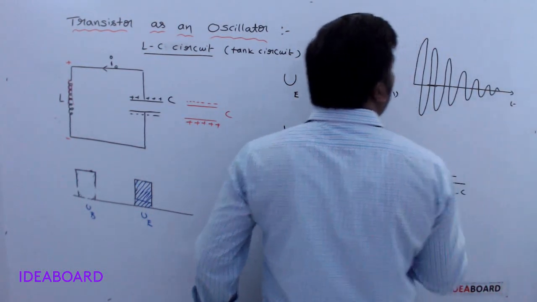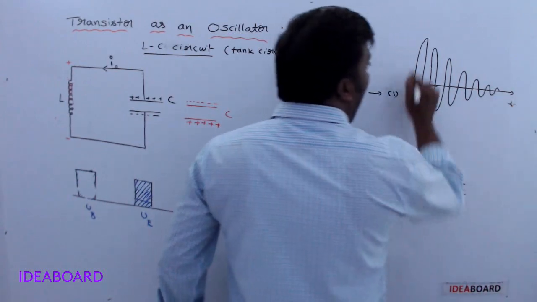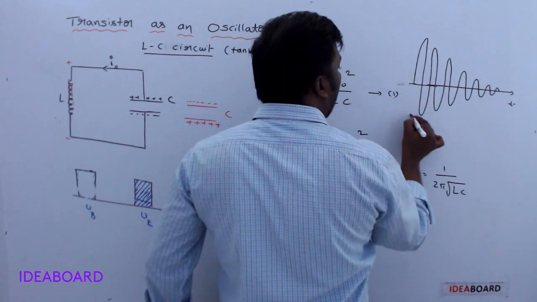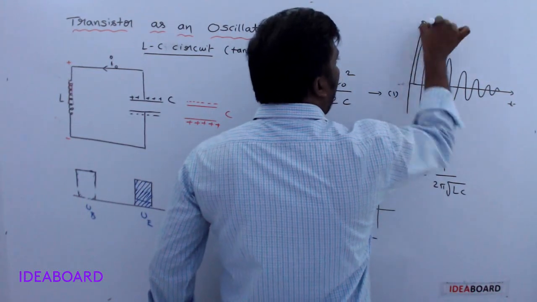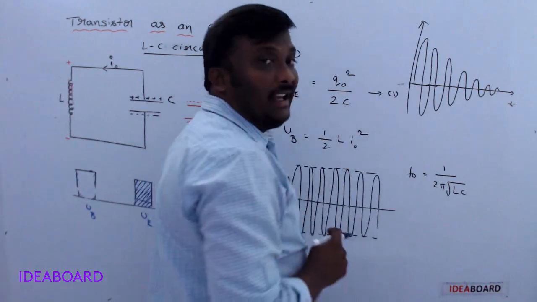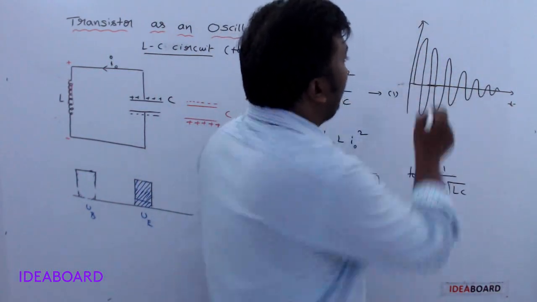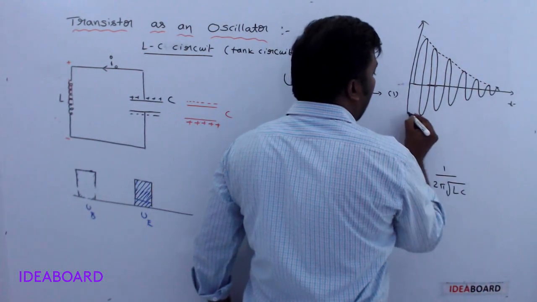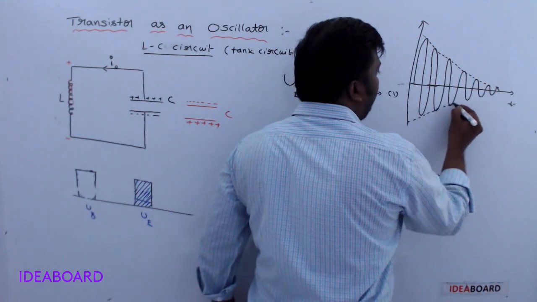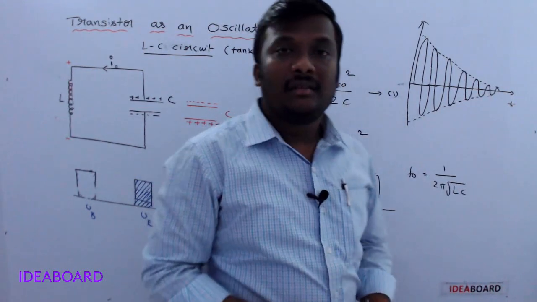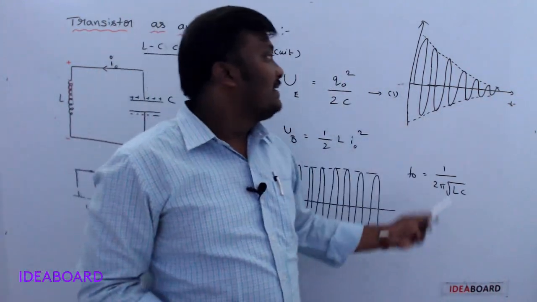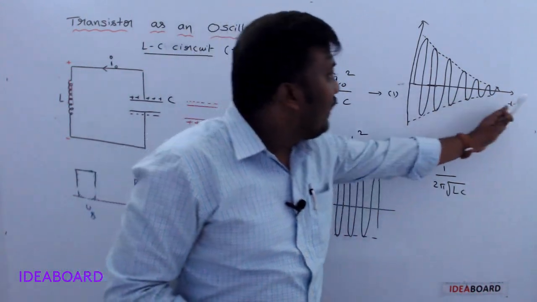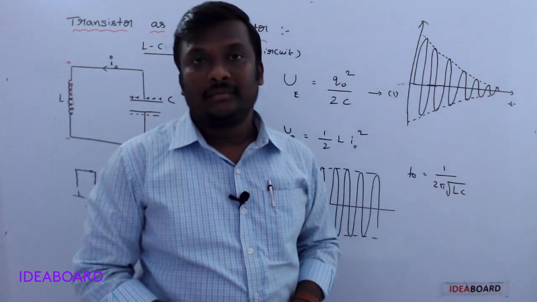As time increases, the amplitude of the current or voltage gradually falls. Understand? As time increases, the amplitude falls down, and after some time it dies.